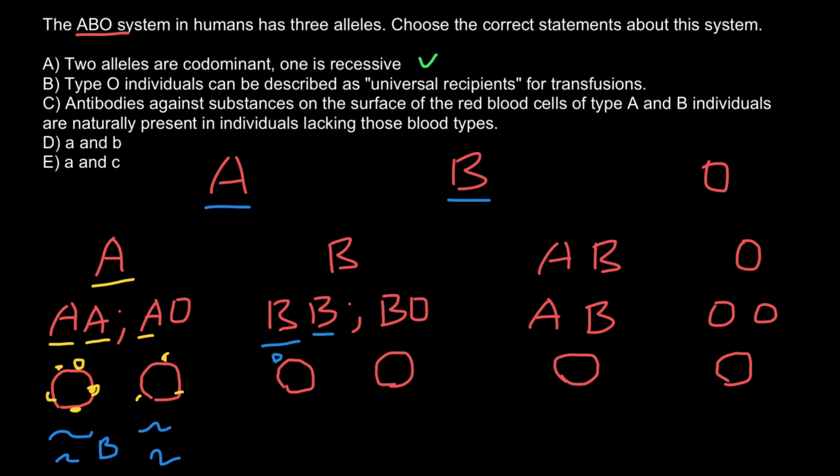We can find, for example, in this genotype, antigens B. And in the genotype BO, we also can find the same antigens B, and the second allele doesn't produce any surface protein. In the blood serum, what can we find here? We can find here antibodies A.